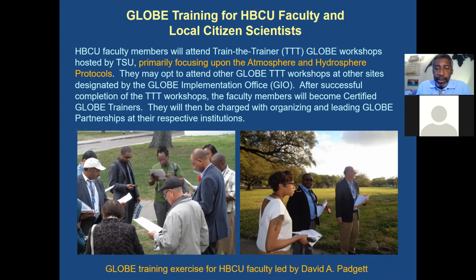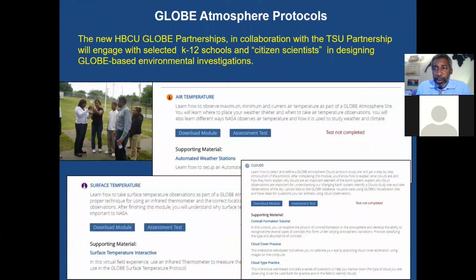We go outside, we do trainings, we collect GLOBE data or atmospheric science data with high school students. So first, I, as a GLOBE trainer, would train you as a pre-service teacher, and then we would all go outside to, we used to go to Pearl-Cohn High School in Nashville.